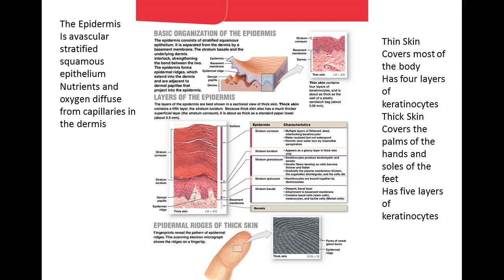Then you have degrees of not being alive after that, and I'll explain that to you. The nutrients diffuse from the capillaries in the dermis. So the capillary bed is in the reticular layer of the dermis, and those nutrients are going to diffuse on up.